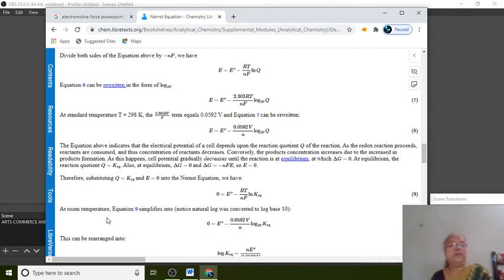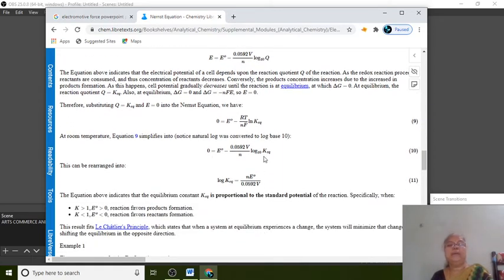And at room temperature, we can write this equation as 0 equals E0 minus 0.0592 volt upon n into log to the base 10 of K, that is the equilibrium constant, and by using this equation we can calculate the equilibrium constant.